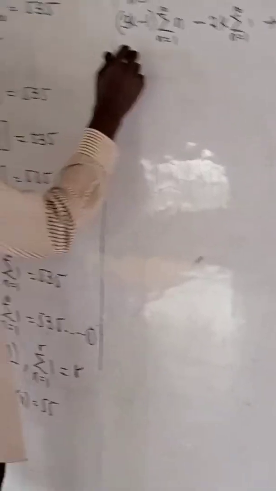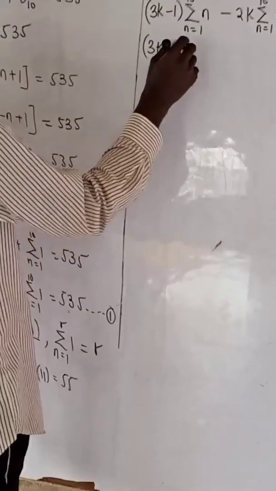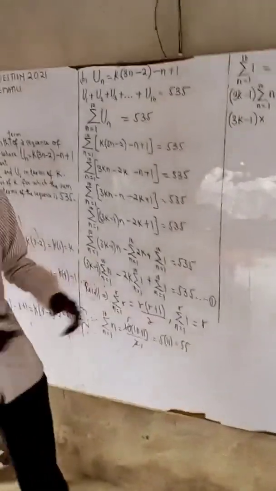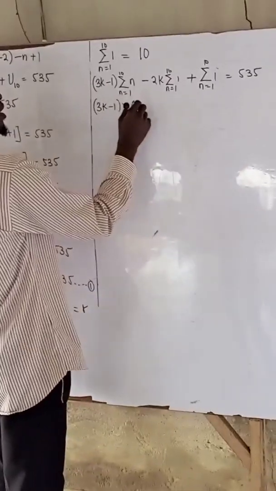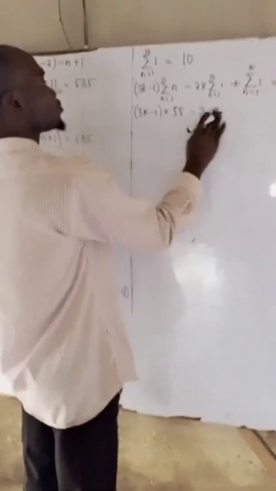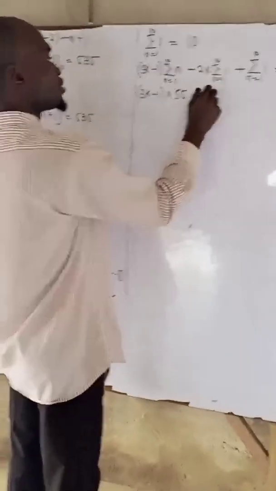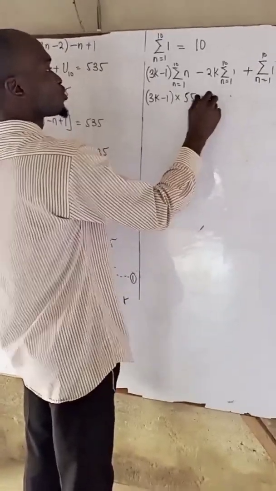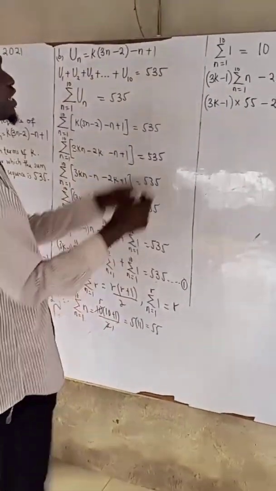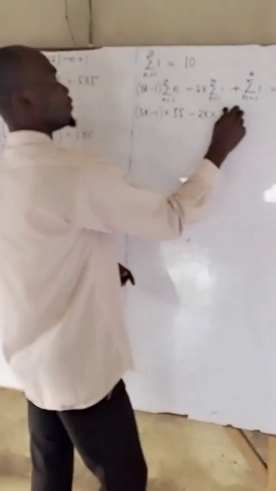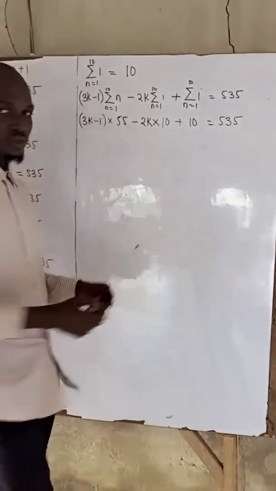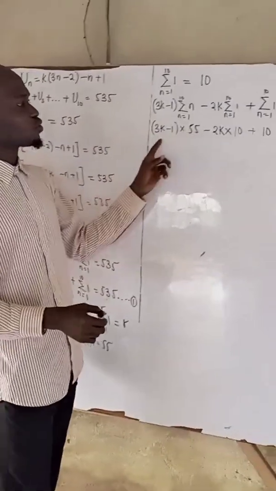So I have 3k minus 1 times, what's the value of this? Sigma from n equal to 1 up to 10. That's 55. Let's put 55 here. That'll give me 55 minus 2k times sigma, that's 10, plus another 10, equal to 535. So now I have to open this bracket.